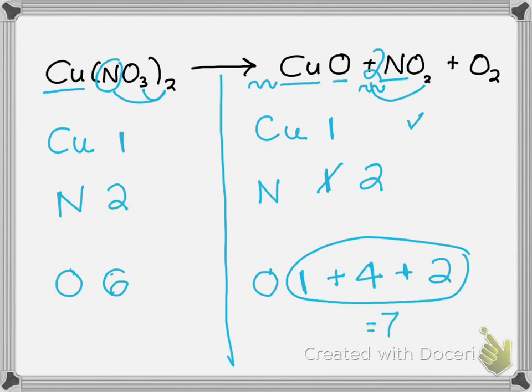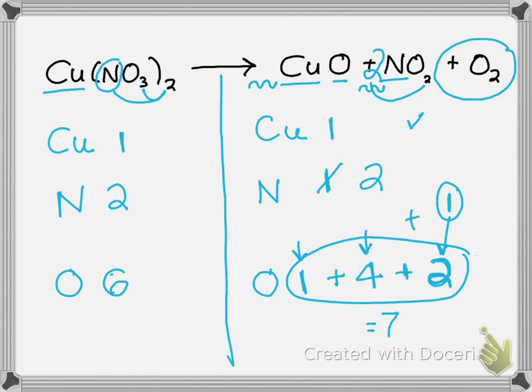So what I want to do is add a coefficient to this guy right here. So I think to myself, instead of having a 2 here, I really wish that was just a 1. Right? That's what I want it to be, because then it would be 1 plus 4 plus 1, and that would be 6. So I'm going to do something crazy.